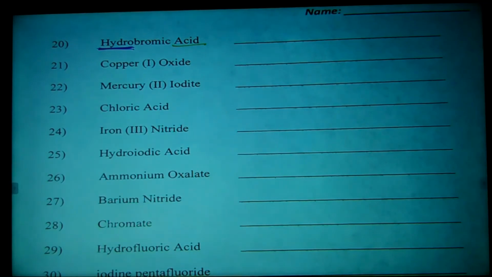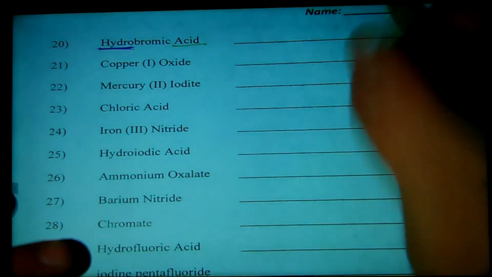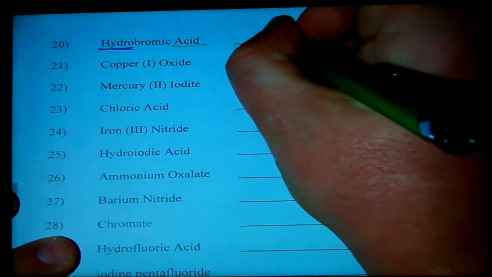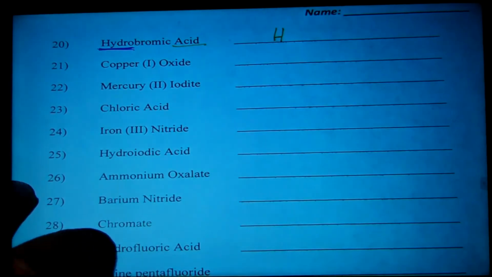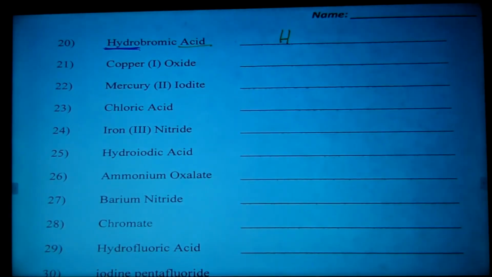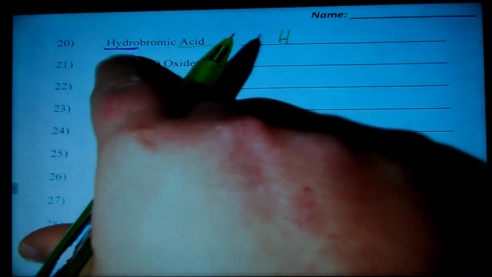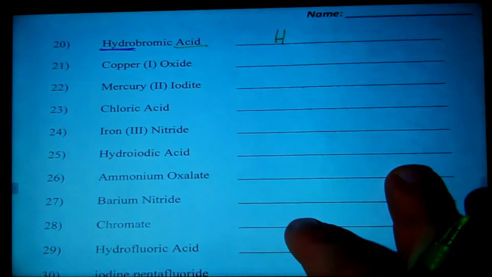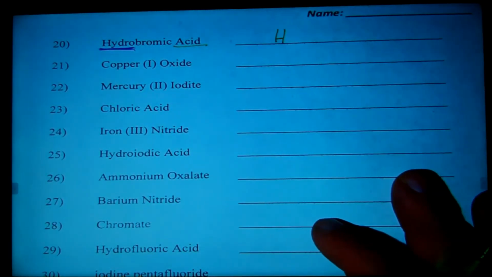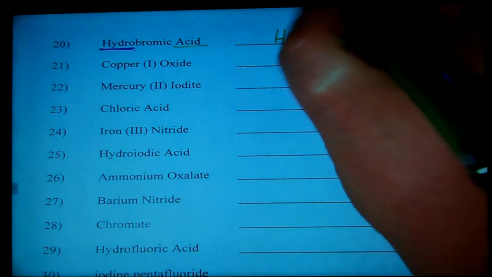Since you have that prefix of hydro, this is a binary acid, which means it is two elements. So we definitely have hydrogen because it's an acid. Now we have to find out what the second one is, which comes from the root, bromic. So bromine, so Br.